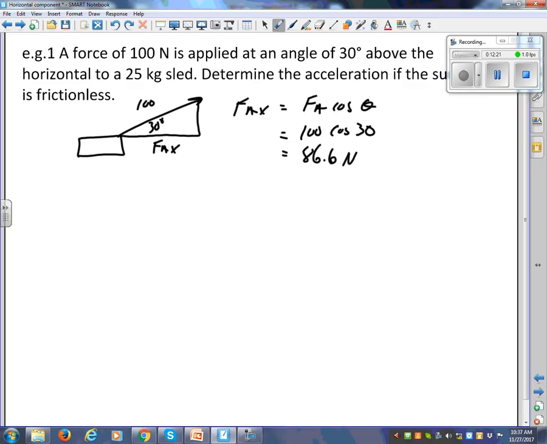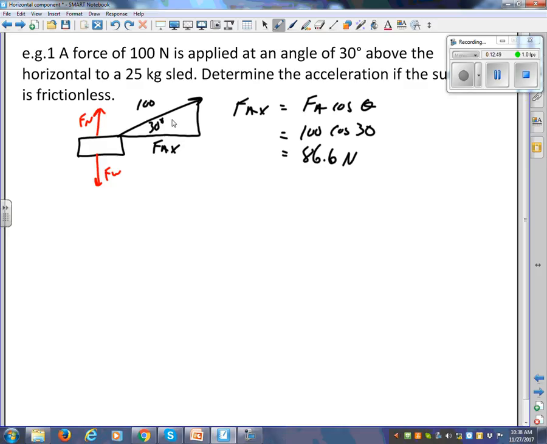Now, technically, do I need to include weight force and normal force? In a free body diagram, you should. Are those having any effect on the horizontal acceleration? Usually the answer is no. Usually these two are equal.